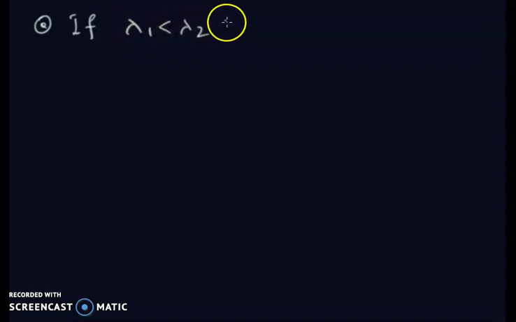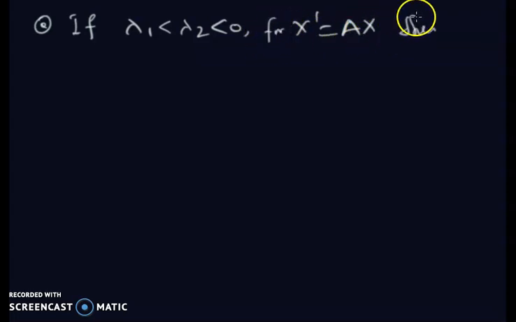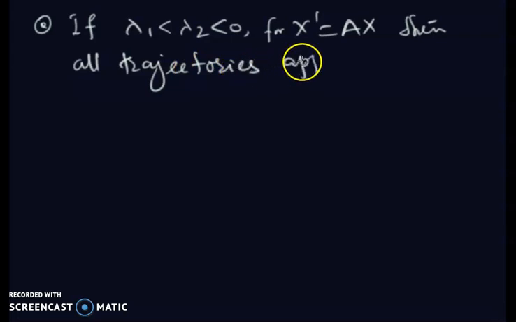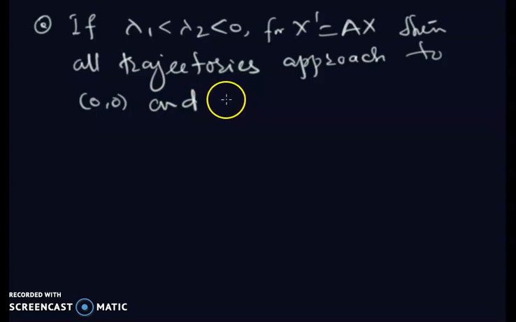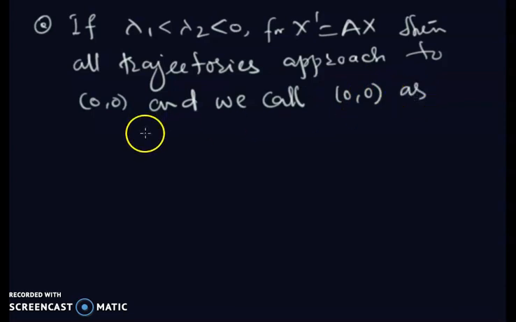So what is the takeaway message of this discussion? The takeaway message is, if both lambda 1 and lambda 2 are less than 0 for this system, then all trajectories approach the origin, and we call 0 0 a sink equilibrium point.